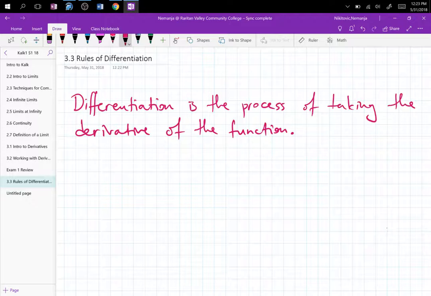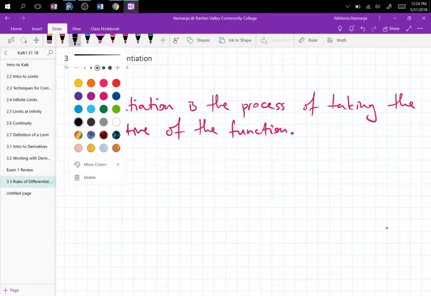So we say a function is differentiable, meaning you can take the derivative at every point. A function is not differentiable at 3, meaning that the derivative exists elsewhere. At 3 there is a problem. So this is what the word differentiation means. It's simply an instruction.